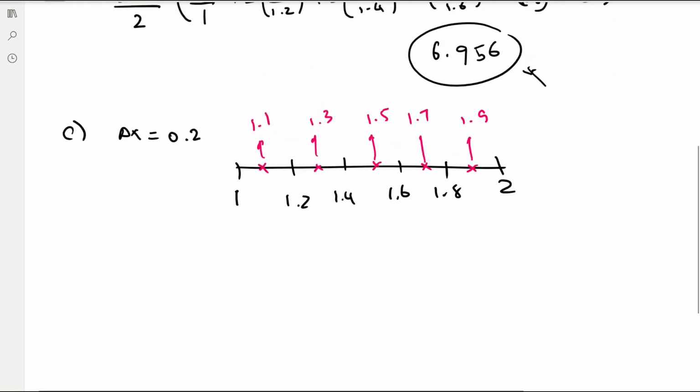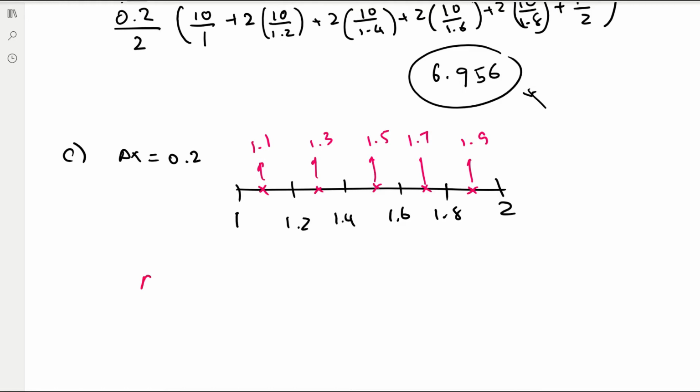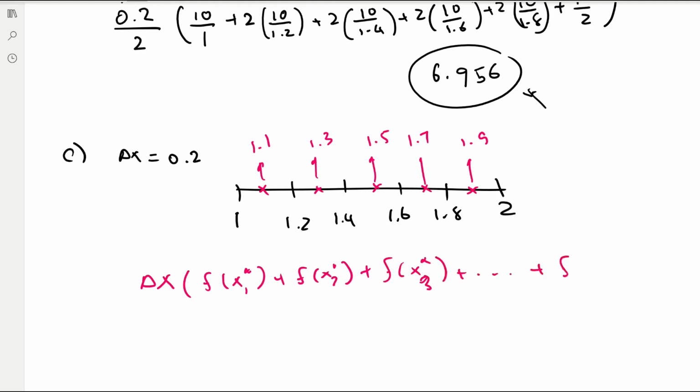Now let's use the midpoint rule. Super easy. The midpoint rule says it's just delta x times you evaluate the function at the midpoints. You don't multiply by any special coefficient values. We just evaluate the function at the midpoints and then multiply by the width.